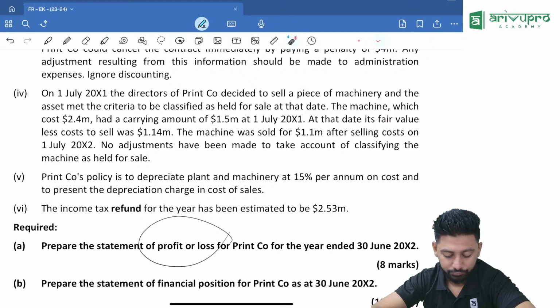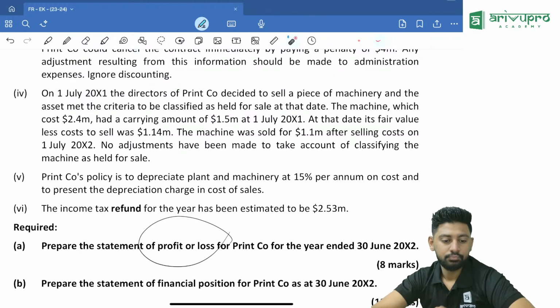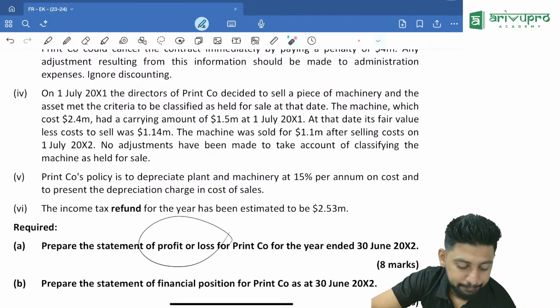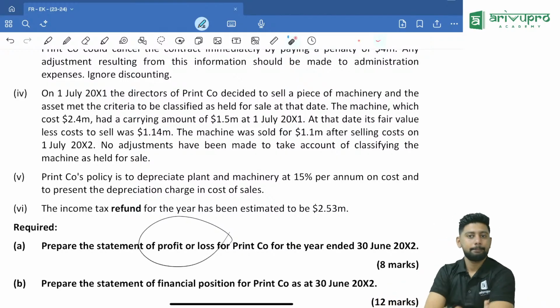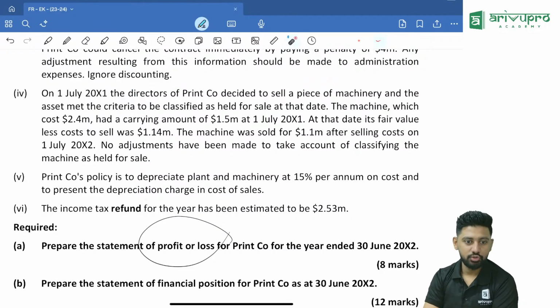Read note number 4. I know the online and live students have missed note number 1.